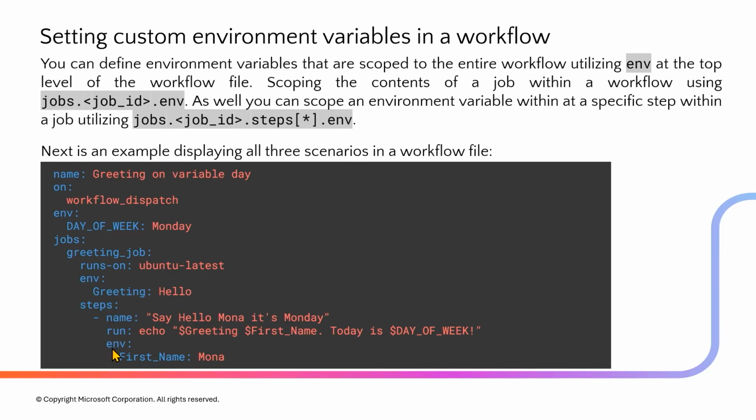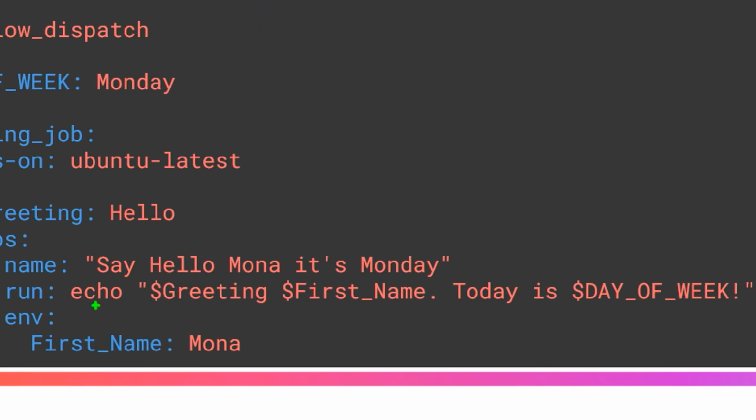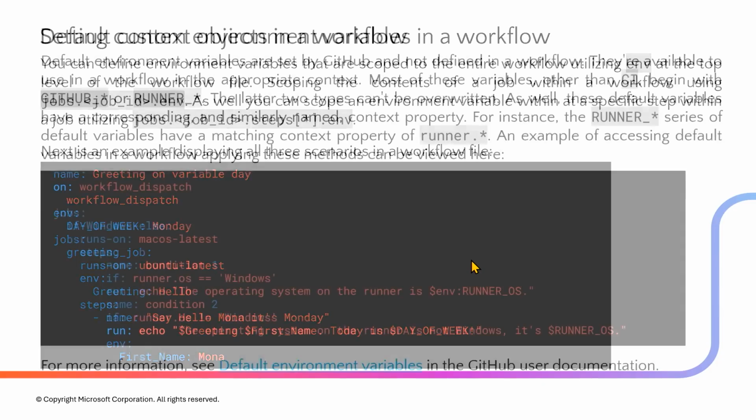So you could put them in any order that you see fit. Here, they dropped it at the bottom, so it's easy to read. But we'll see in this final execution here that we are echoing greeting, first name, and day of the week. All of those are available to this particular action because it is in the workflow, it is in that job, and it is, of course, in this action. So 3 different levels when you are building your own.